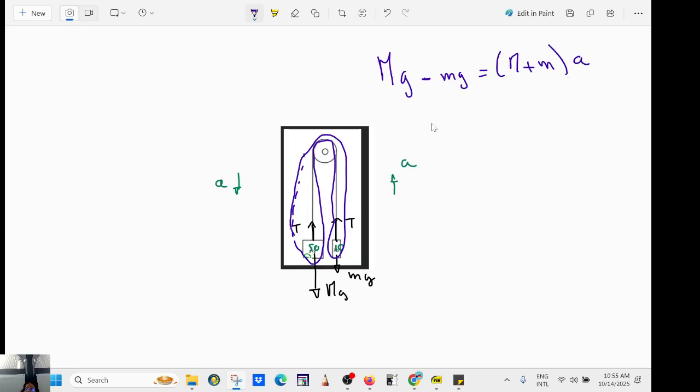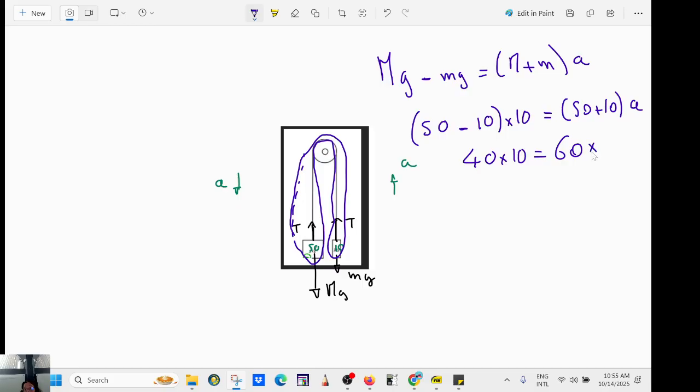Okay, so that's the long way to do it, right? So you have 50 minus 10, is that right? Times g, which is 10, equals 50 plus 10 times the acceleration, which is 40 times 10 equals 60 times the acceleration.